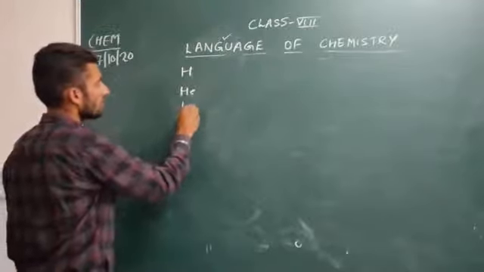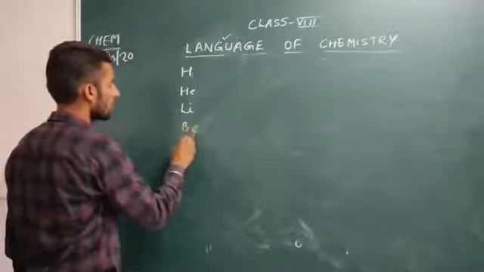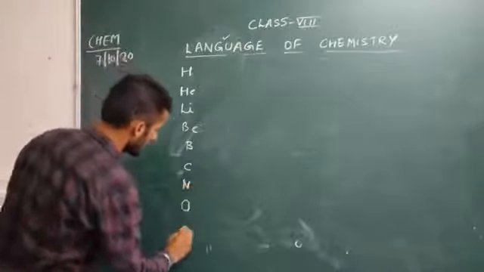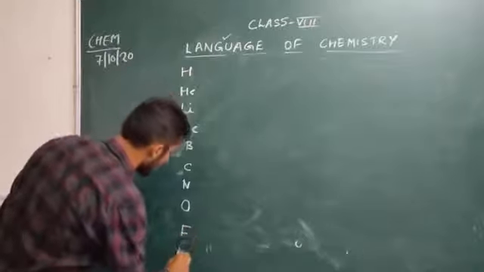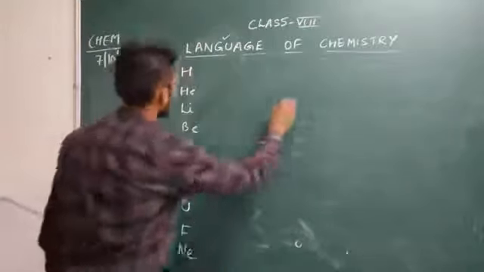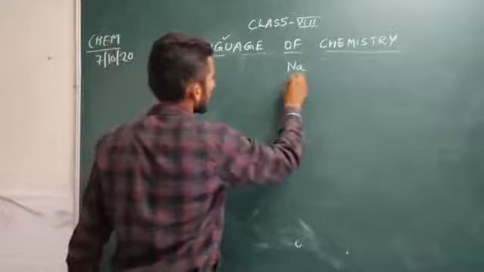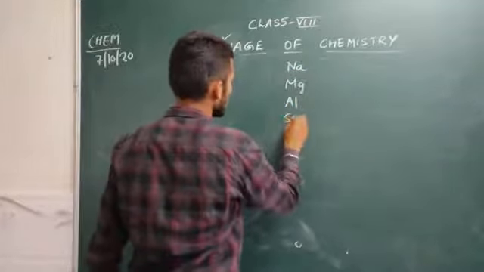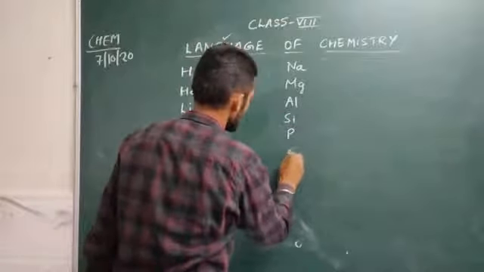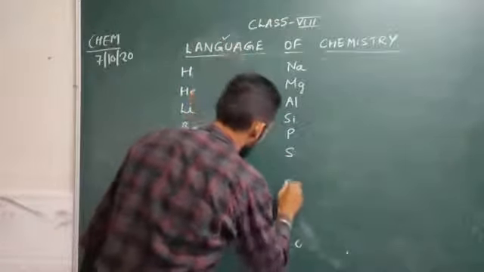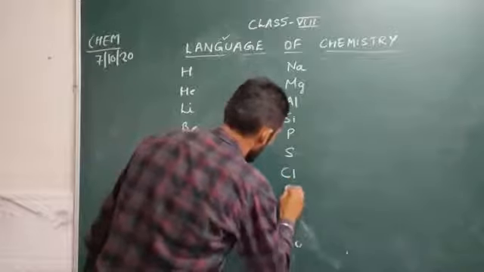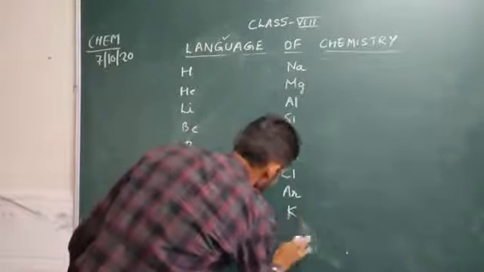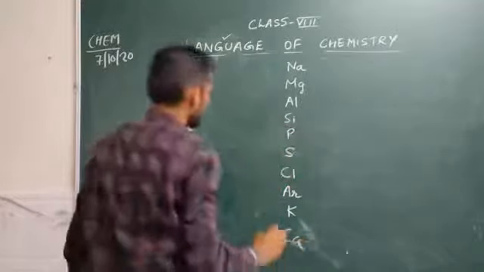Hydrogen, helium, lithium, beryllium, boron, carbon, nitrogen, oxygen, fluorine, then neon, then sodium, then magnesium, aluminium, silicon, phosphorus, sulfur, then chlorine, then argon, after that potassium, and the 20th one is calcium.